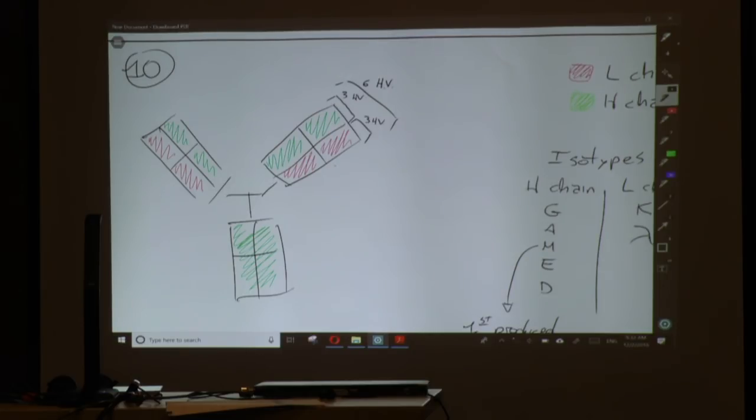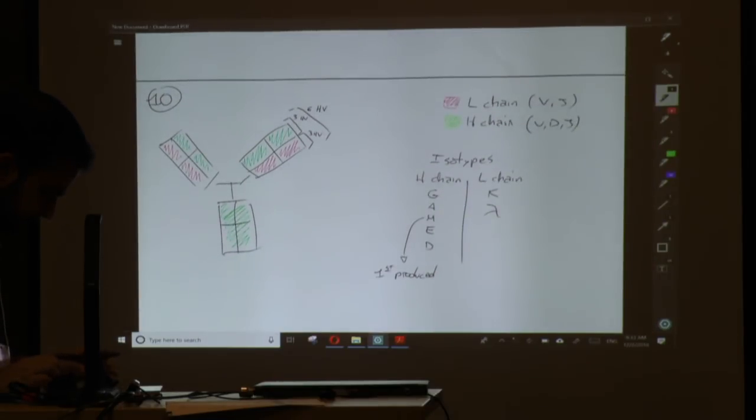Monomeric is IgG. It could be IgA, because IgA has monomeric and dimeric forms. And then IgM has 5 IgMs together, which is a total of 10 binding sites, which is a total of 60 HVs, hypervariable regions. Make sense? Yeah? Cool. All right.